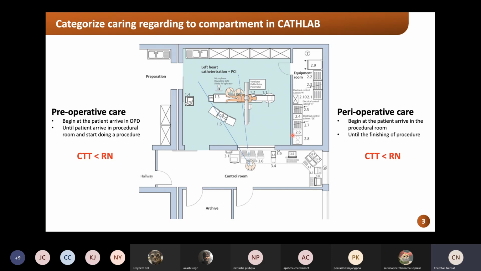And of course, we're not the main role in controlling this care of the patient. The main role belongs to the nurse. But anyway, we have to know the steps and also the information of the patient, and we have to help or assist other personnel in the room.